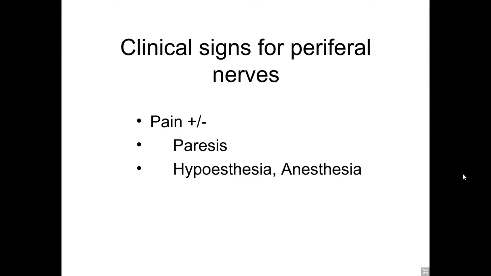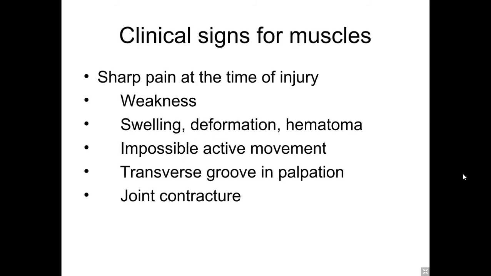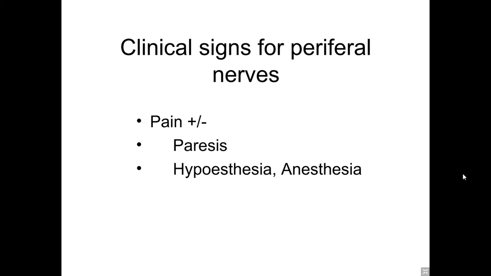Okay, we continue with signs of traumatized peripheral nerves. Peripheral nerves come and go in different regions.